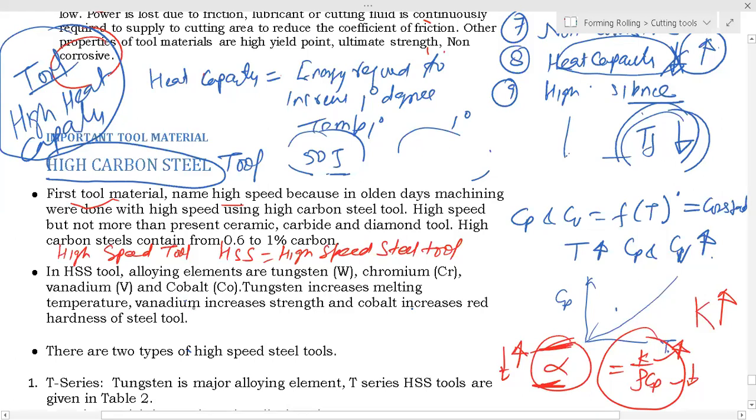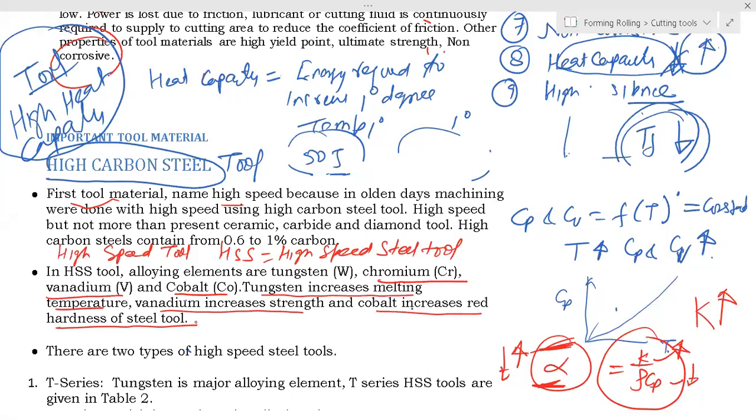So basically, in a high speed steel tool, you have chromium, vanadium, and cobalt. Tungsten increases melting temperature, vanadium increases strength, and cobalt increases hardness of the steel. So basically, in a high-speed steel tool, we have three major alloying elements. Chromium increases melting temperature, maybe 3,300 or 3,500 degrees centigrade.